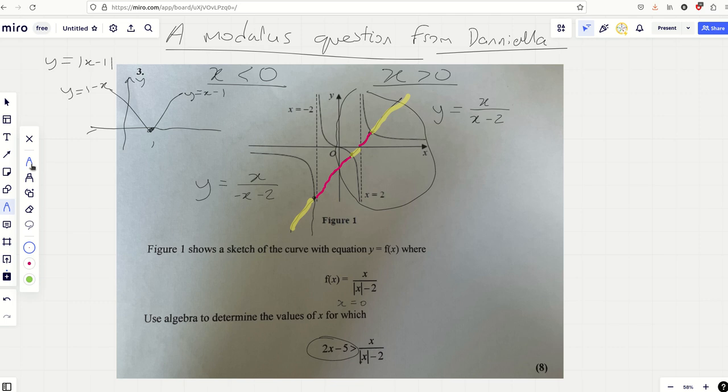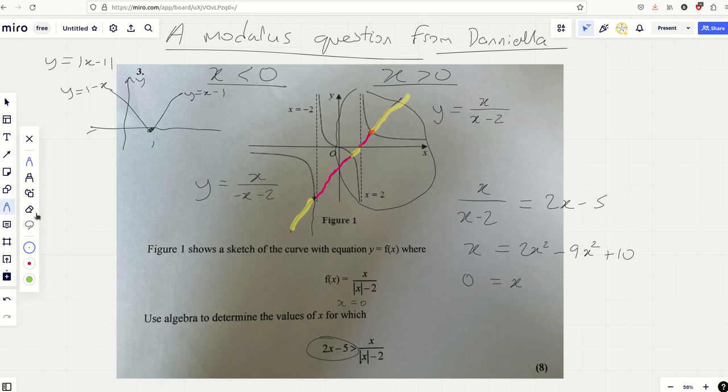So let's do it. Okay, if I'm finding these 2 points, then I need to solve where 2x minus 5 equals x over x minus 2. I can now take the equality case, which is so much easier to deal with. Multiply it out, 2x squared minus, what is that going to be? Minus 5x minus 4x is minus 9x, and then plus 10, I think. We'll know at the end, because I'll check my answer.